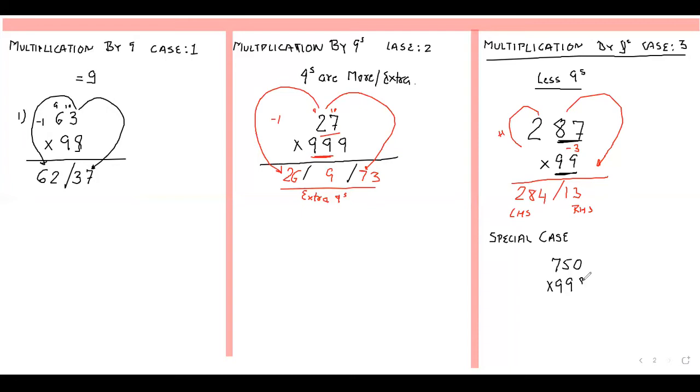While applying all from 9 last from 10, the LHS is going to be same, but for RHS, the first non-zero digit from the right is considered as last, followed by equal zeros. The answer is 749250. Clear? Clear. Fine.